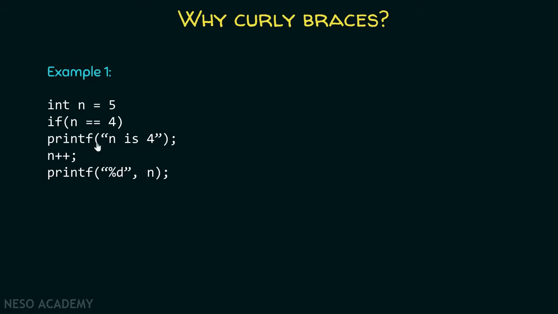So this printf function is part of this if construct only. Now as n is not equal to 4, this printf function will not get evaluated, but n++ will get evaluated, because n++ is not part of this if construct, right? Therefore, the value of n is incremented to 6 and after that the value will get printed. So the output is 6, right?